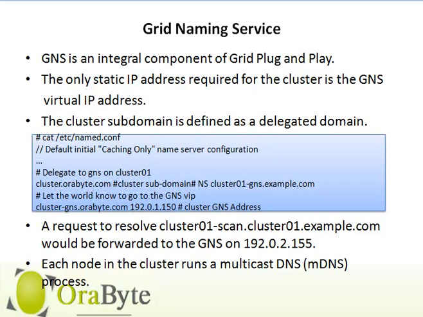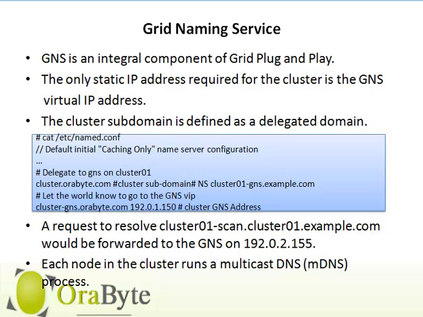If you do an OCR dump as the Oracle user, you will not find the GNS settings there at all. And if you take an OCR dump from the root user, you will be able to observe and locate the GNS entries and the IP address for that.